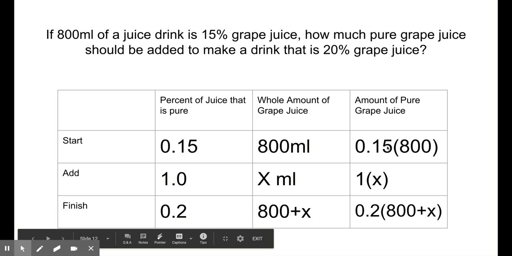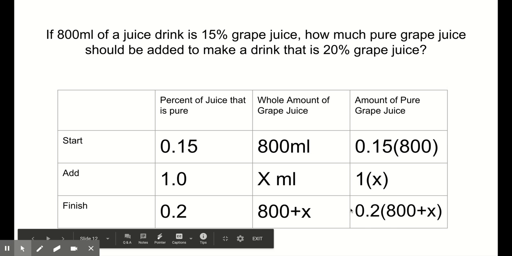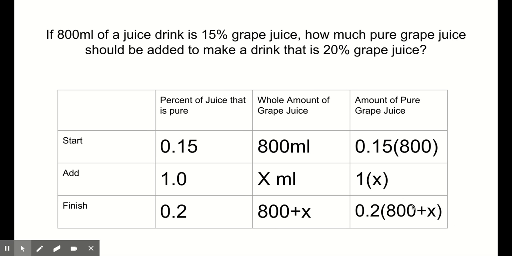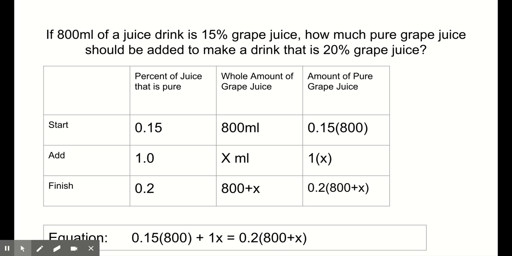Therefore, the equation that I'm going to get is going to come from these 3 boxes, because we know that we start with this amount and we add this amount. So this one plus this one is going to give us this same one here. That's what we're going to finish with. This amount of pure grape juice plus this amount of pure grape juice gives us this amount of pure grape juice. So now we can put that into our equation. There it is. That's how we come up with the equation for this one.